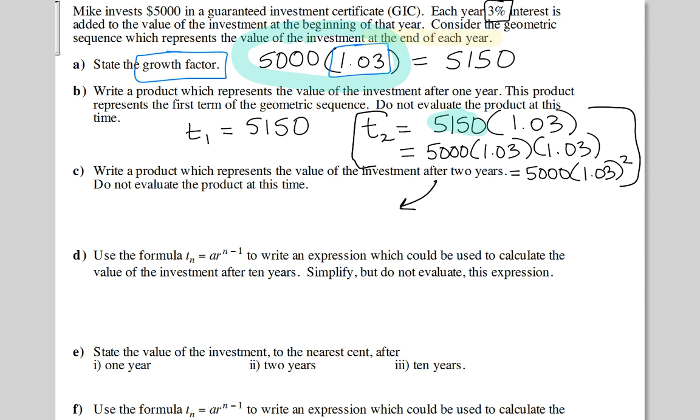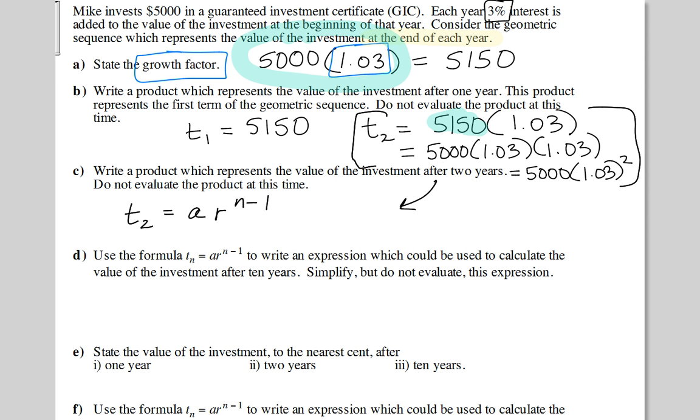Because it says for part C, write a product which represents the value of the investment after 2 years. So that would be T2. But T2, you would have to subtract 1 from that. So this should not make sense to you. This should be contradicting what we already know. Right? Shouldn't T2 be this? So you should have a 1 in the power?